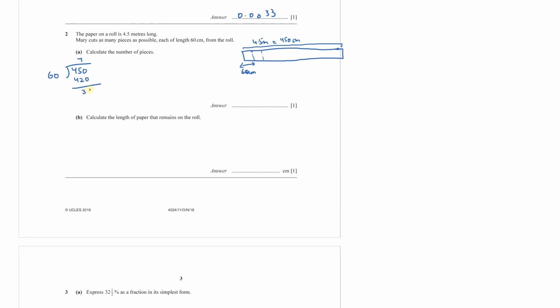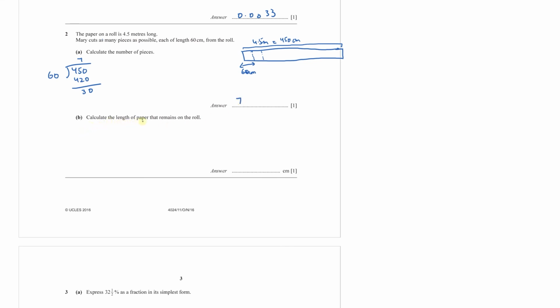You get 30. Now if I divide further, I'll have to go into decimal. But since we are looking for the whole number of pieces, given that each piece has length 60 centimeters, we can only cut 7 pieces. The remaining length is 30, but since the size of each piece is 60 centimeters, we cannot cut another piece from the remaining length. So your answer here will be 7.